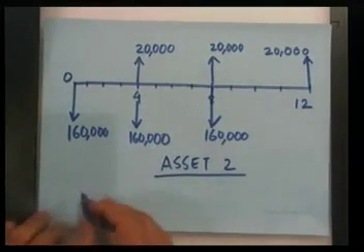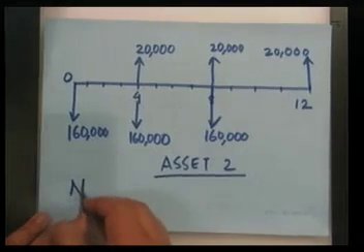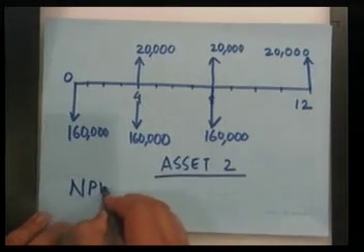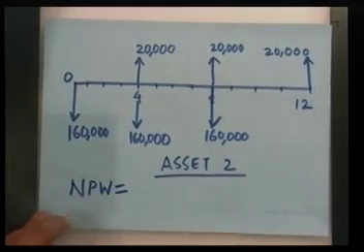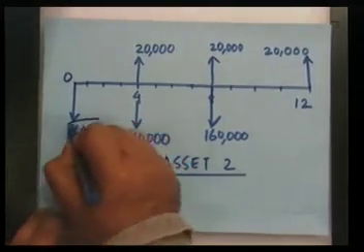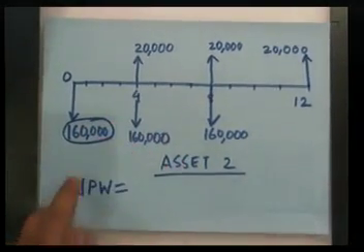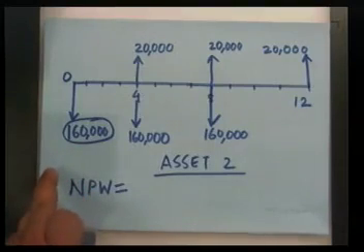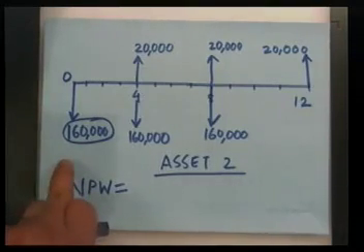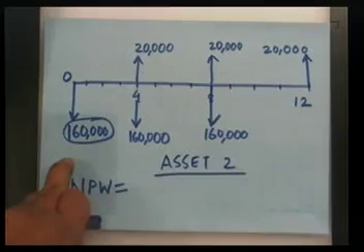Net present worth can be found very easily for this case. See, this is at time t equal to 0 itself, so there is no problem. This 160,000 is equivalent to 160,000 only at time t equal to 0, so its present worth is the same.